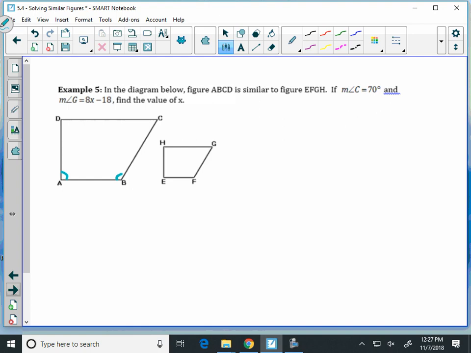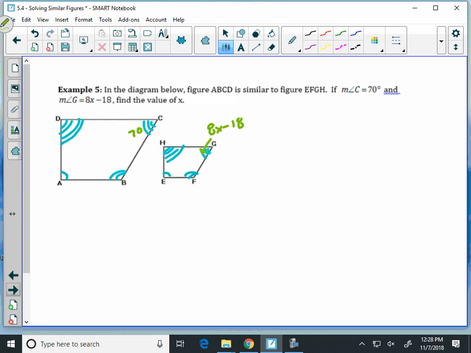A, B, C, D, that gets 4, is similar to E, F, G, and H. And it's saying that the angle is 70 degrees, so I'm going to mark it. And it's saying that angle G is 8x minus 18.